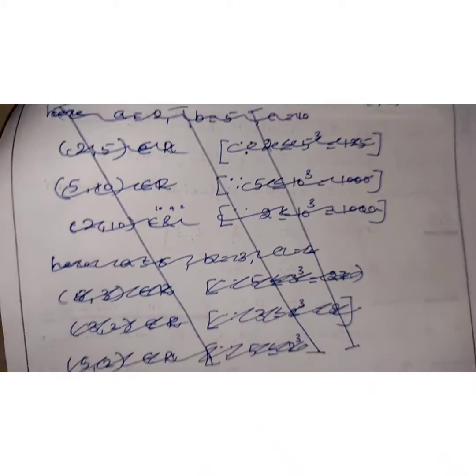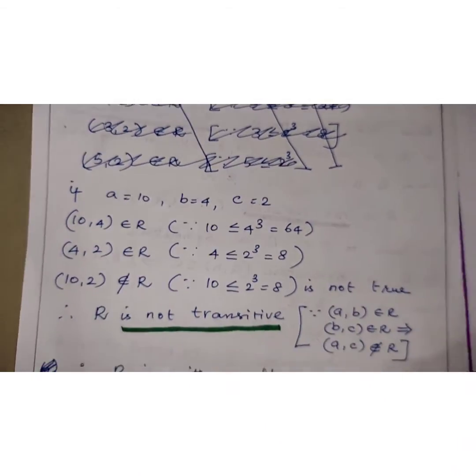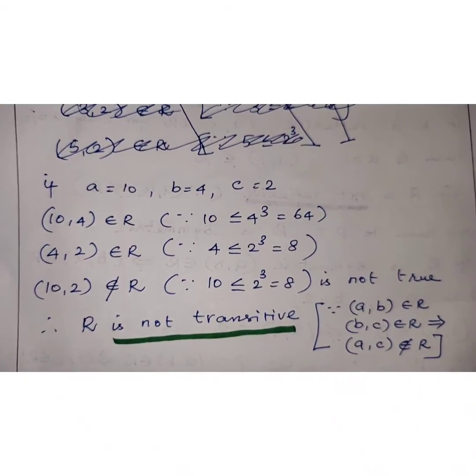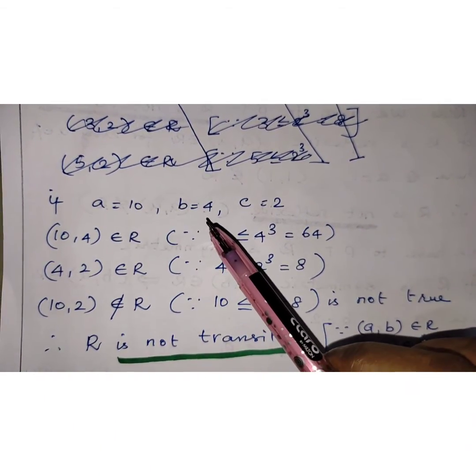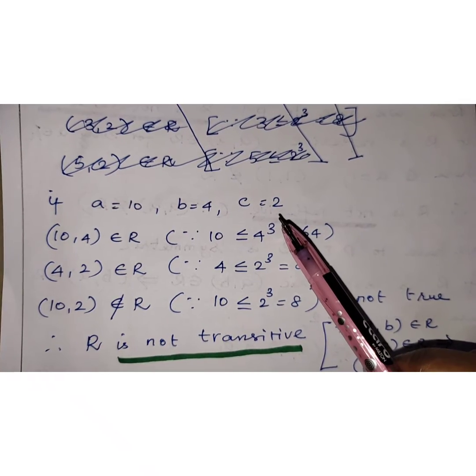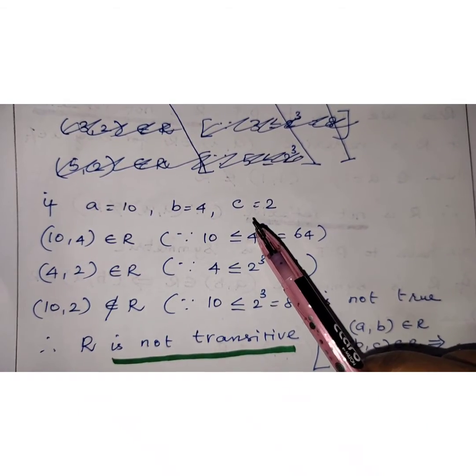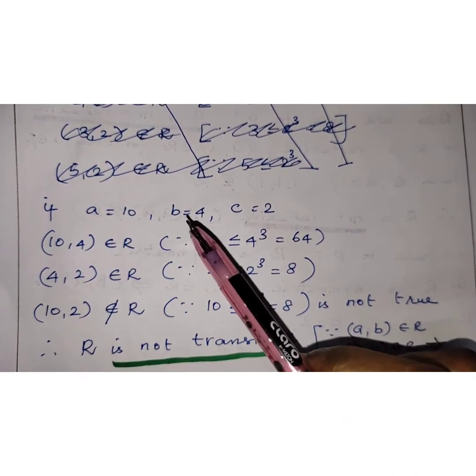Now we have to check by taking the elements a equal to 10, b equal to 4, c equal to 2. The first pair (a, b), here (10, 4).